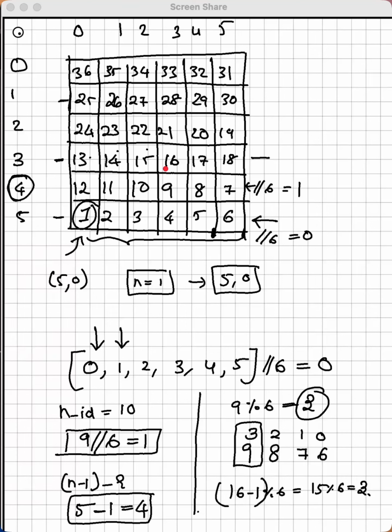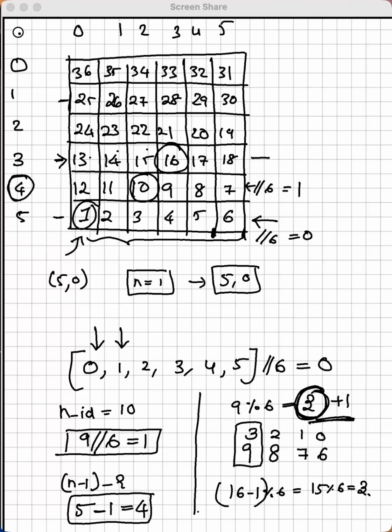So this 3 is coming in this direction, and this 3 is coming in this direction. So we have identified that we have to go 3 plus 1. We have to go to the fourth item.